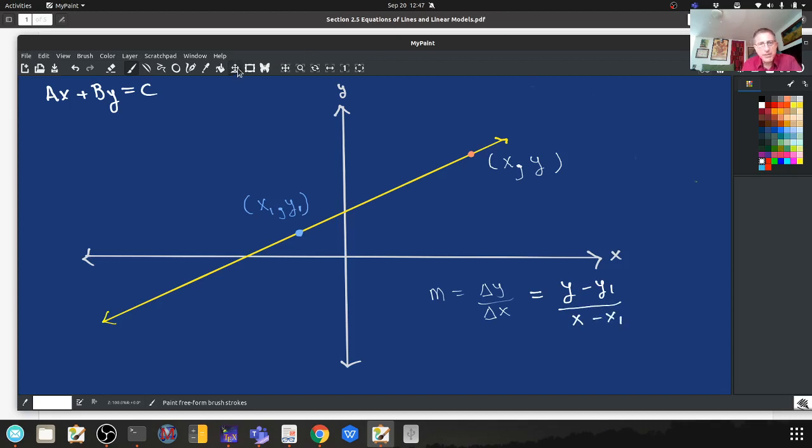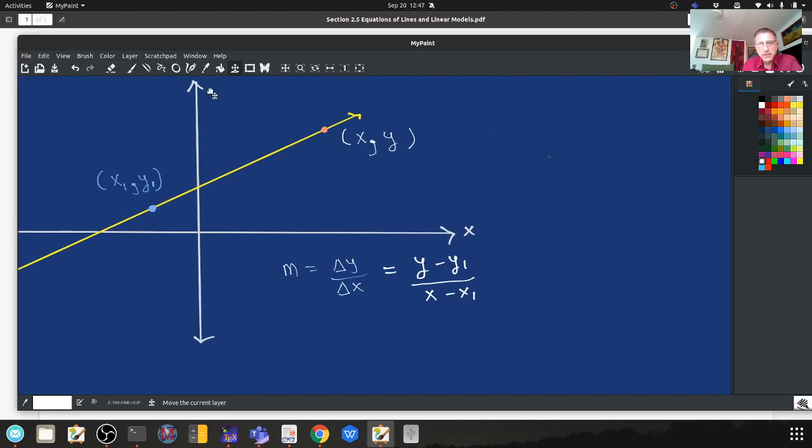So to repeat it here, m is equal to y minus y1 over x minus x1. And you should be getting to realize that we don't like rational expressions. I don't want this to be a fraction. Notice I put parentheses around the x minus x1 in the denominator.